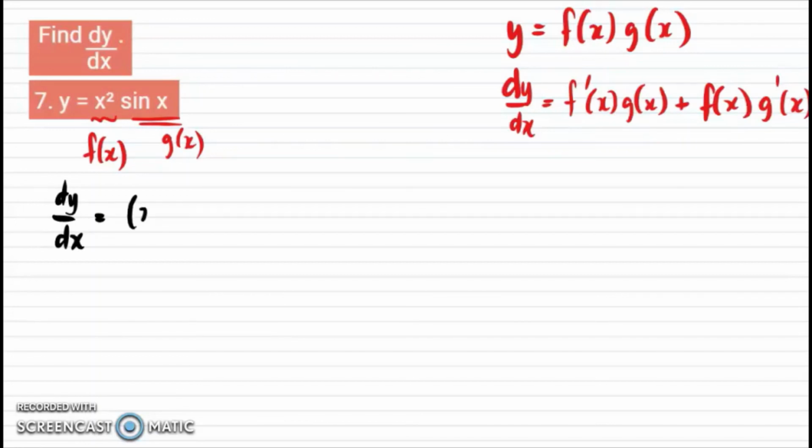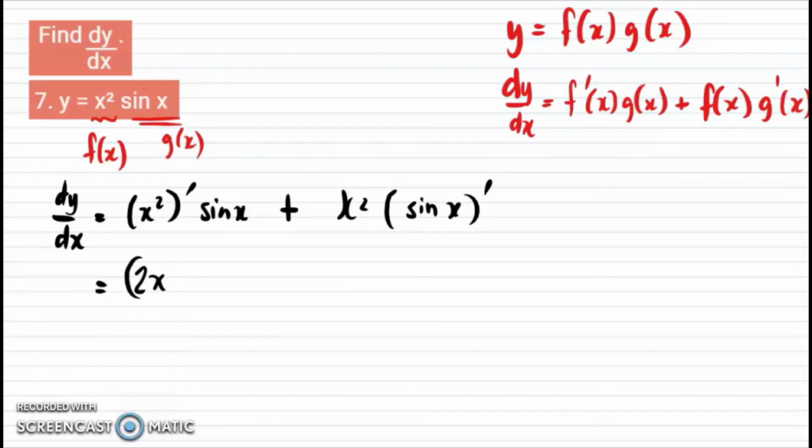We have x squared prime multiplied by sine x plus x squared multiplied by the derivative of sine x. And then, to continue on, we have the derivative of x squared. This is just a power rule, so that's a 2x multiplied by sine x plus x squared.